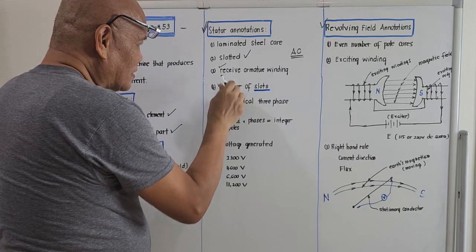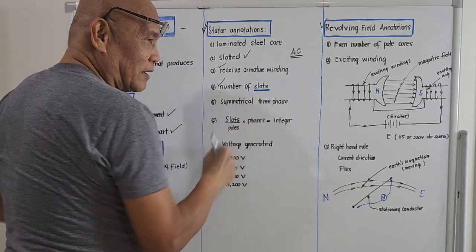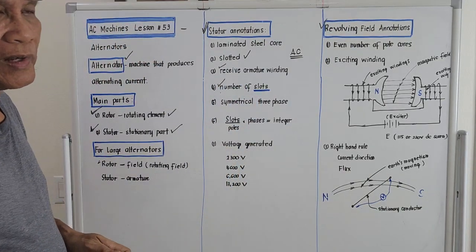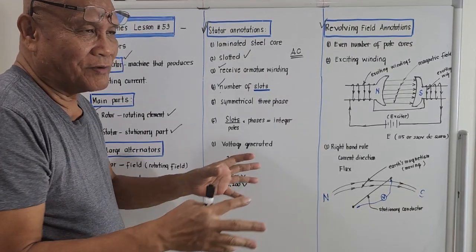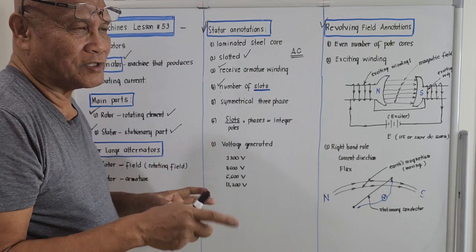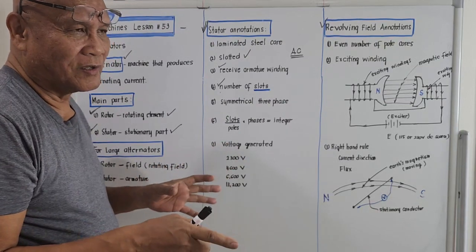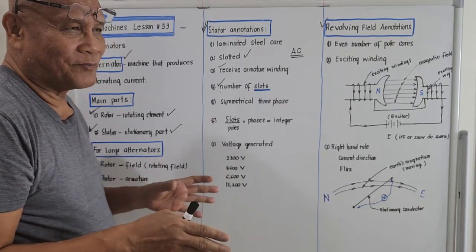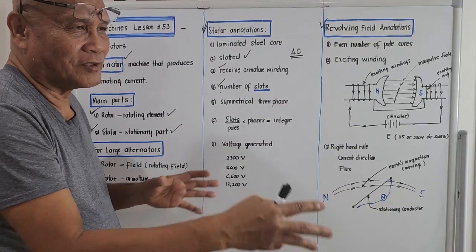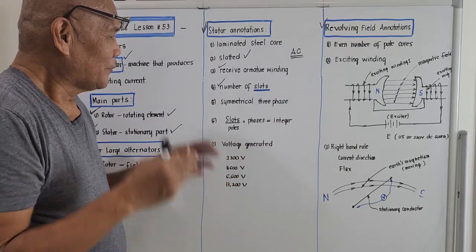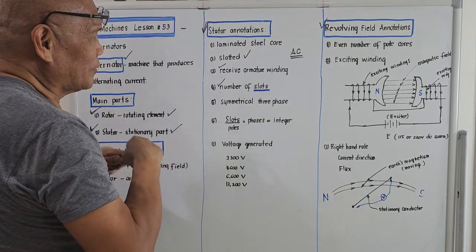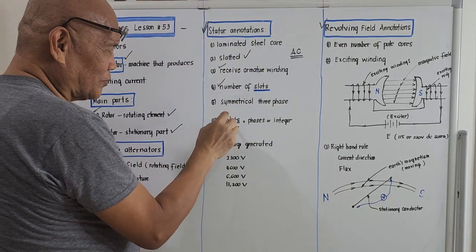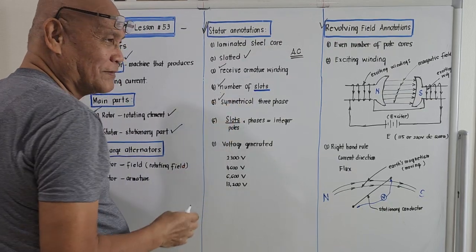This number of slots is actually very critical, because we will not just design alternators for any number of slots, but there should be a specific number of slots which will give us the correct voltage generated. And the number of slots was specified under the annotation that it should be a symmetrical three-phase.